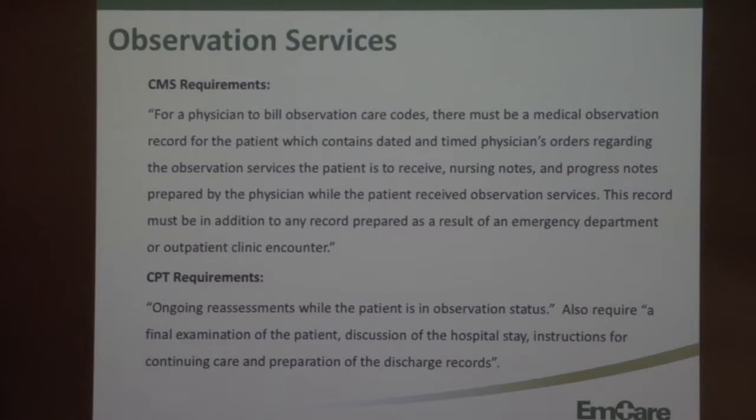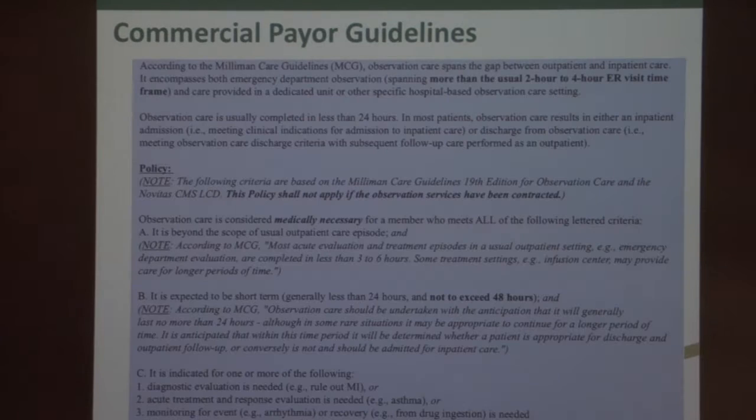Because we have some typical times for different levels of observation with these reassessments, it lets us know that we provide enough documentation to assure that we meet those time standards and won't be questioned on those when it comes to an audit. So there's going to be an initial statement, 3 reassessments, and a discharge plan. Many of these things are very simple and straightforward, and as we talk about them more, you'll see exactly.